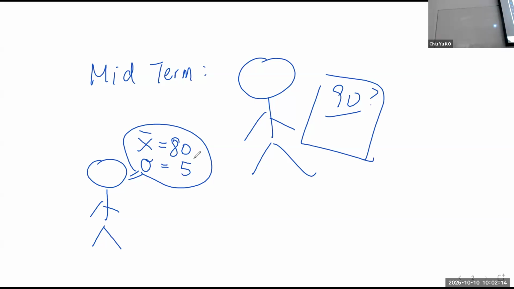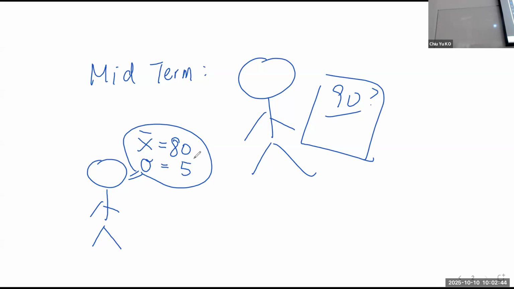How well are you doing? You are actually doing pretty well, because even if you don't want to use the Z table, you know that you are 2 SD above the mean.